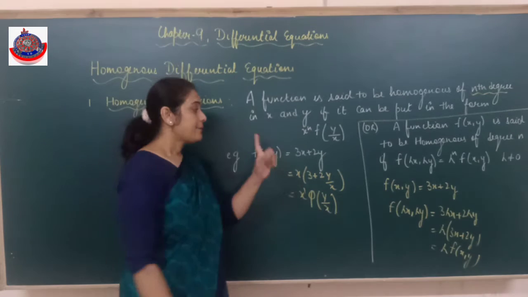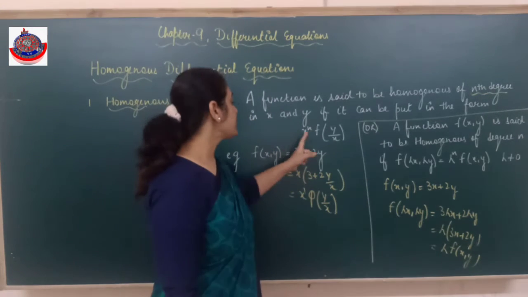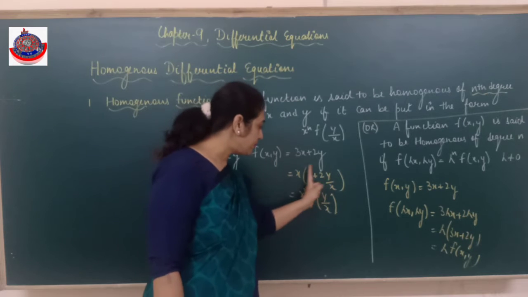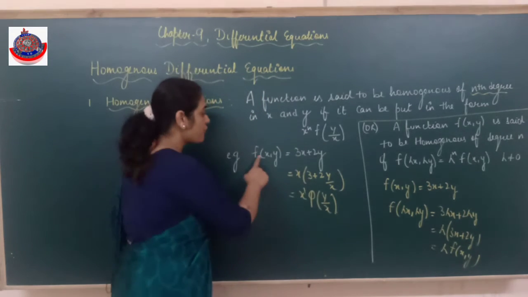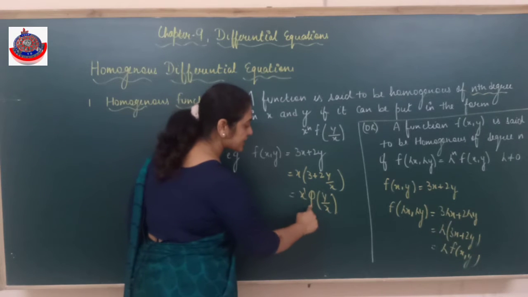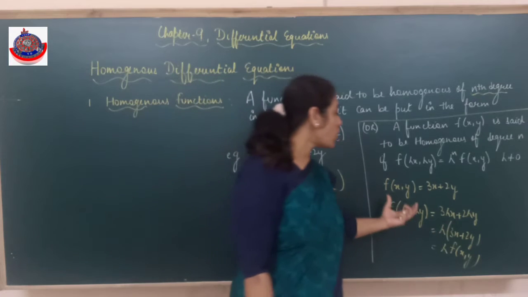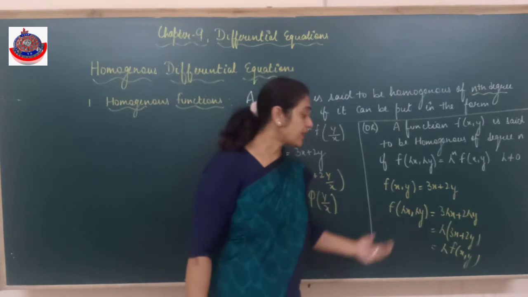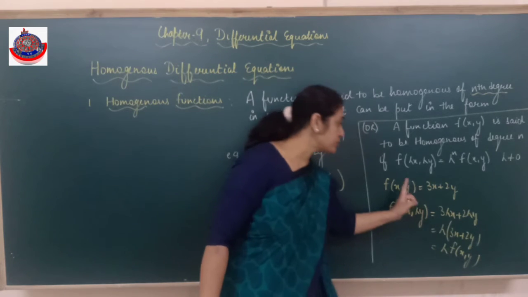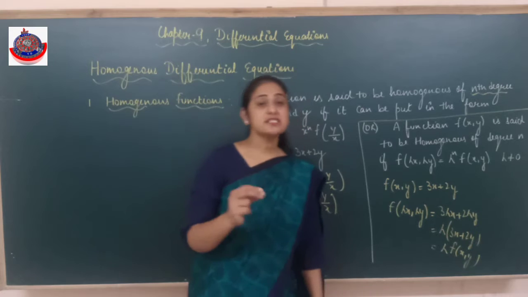You can apply any rule, that's up to you. First, if I take x common and all the variables are in the form of y upon x, that means f of x, y can be expressed as x to the power n into a function of y upon x, then it is a homogeneous function. Or if I replace x by lambda x and y by lambda y, and lambda comes common, and I again get the same function from where I started, then this function is said to be a homogeneous function.